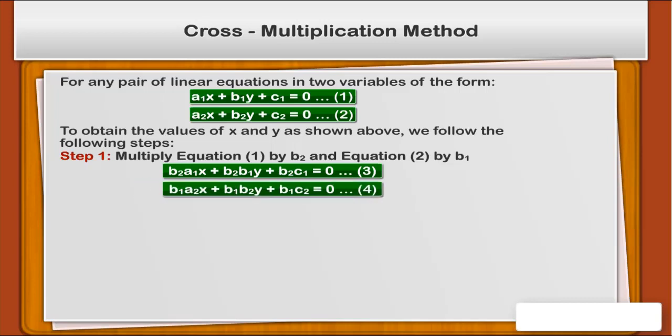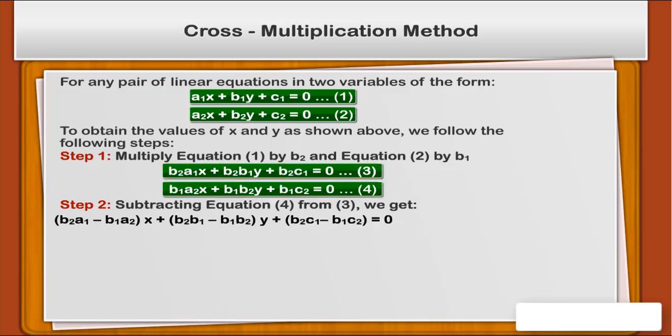b1 into a2x plus b1 into b2y plus b1 into c2 is equal to 0. This is now equation 4. Step 2. Subtracting equation 4 from 3, we get (b2a1 minus b1a2) into x plus (b2b1 minus b1b2) into y plus (b2c1 minus b1c2) is equal to 0.